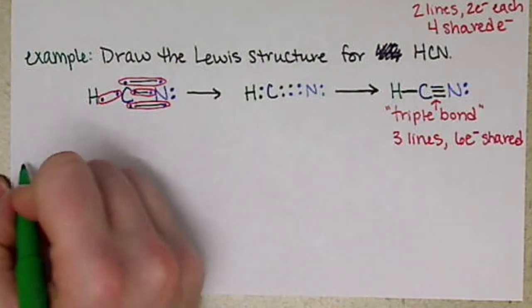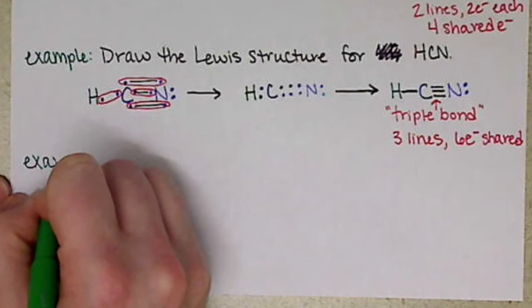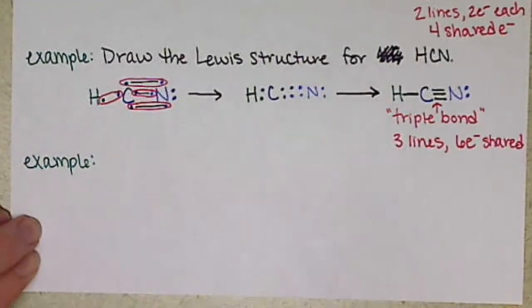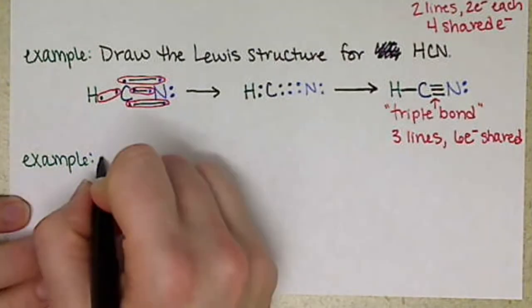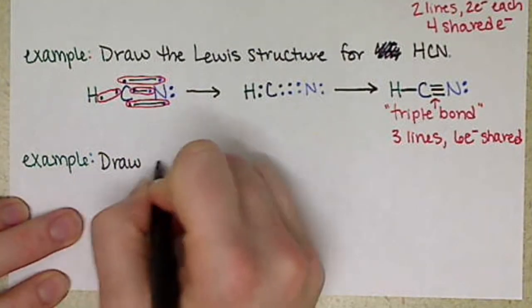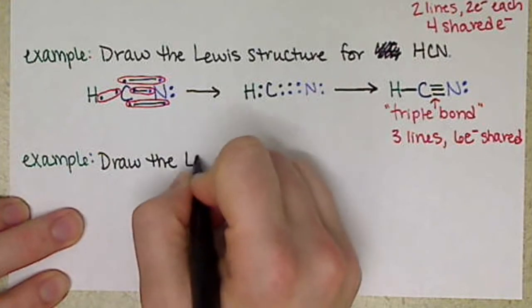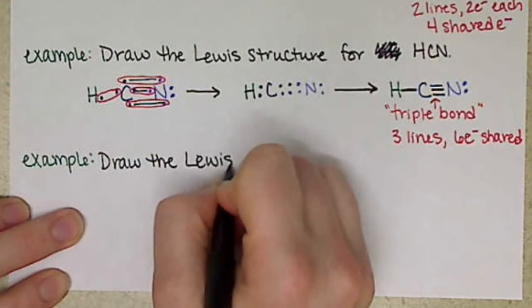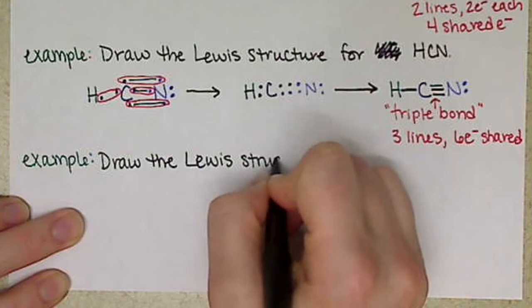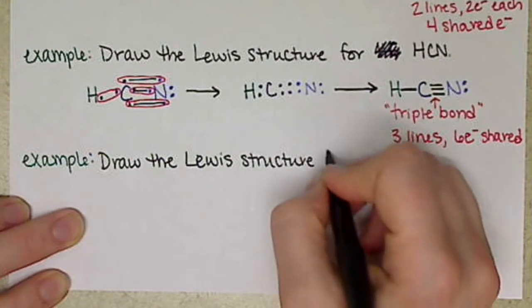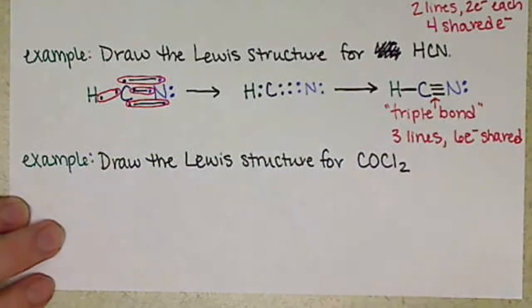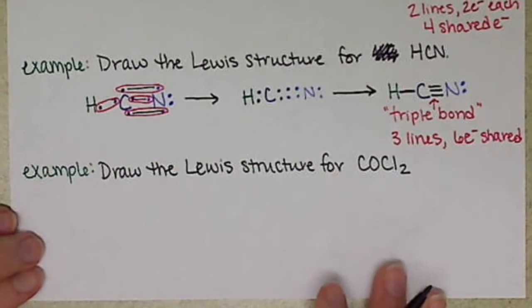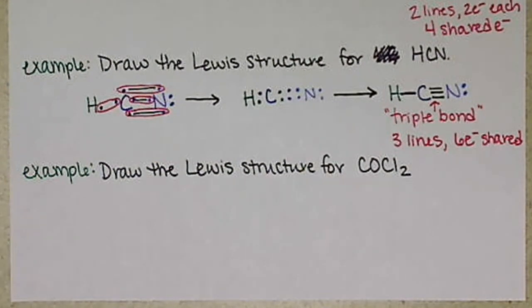All right, try this example on your own. I want you to draw the Lewis structure for COCl2. So draw the Lewis structure for COCl2.